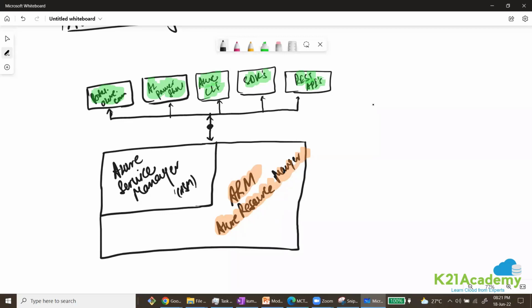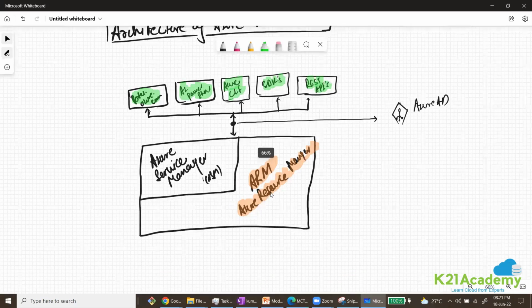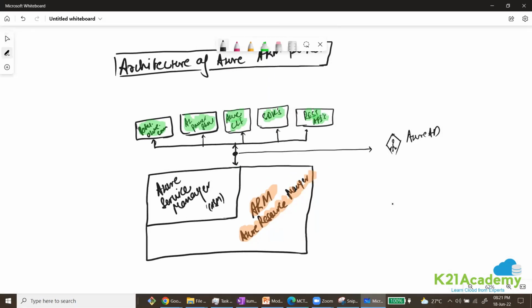Now, what is this dot? Why have I created this dot? So this dot is your identity and access module, which is basically your Azure AD. So whenever you try, by any of these ways, to communicate with Azure Resource Manager, you need to authenticate yourself.